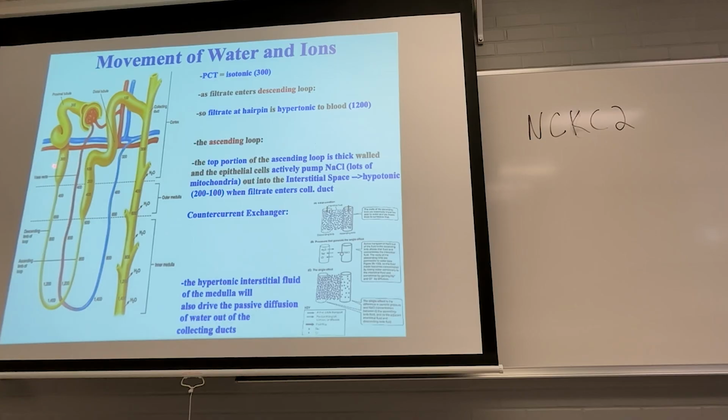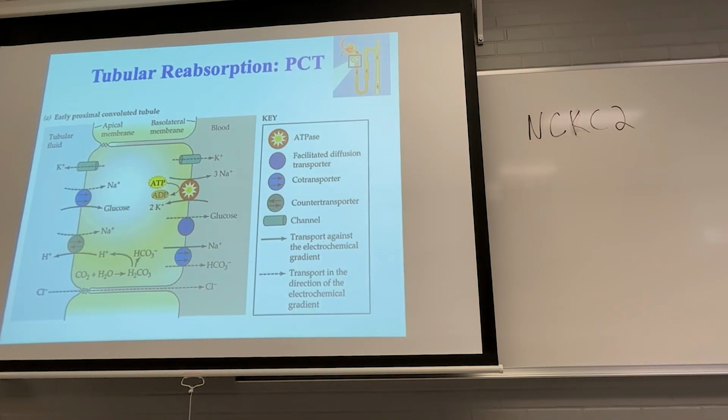Does the countercurrent exchanger make sense, how it works, and why it's a multiplier, and why that would cause a hypertonic environment? So if you go through all this, and if you really can understand it, I would draw it, talk your way through it. Then I want you to go back and I want you to think about this.